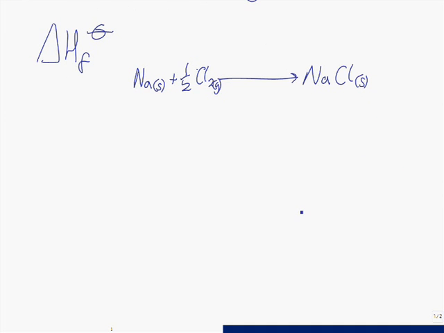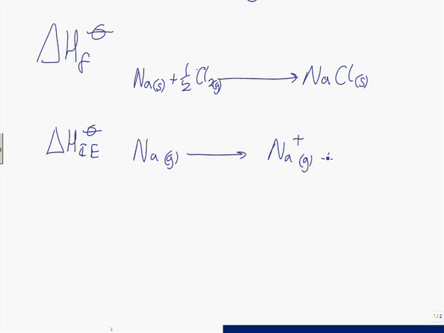Other ones that you've probably come across: ionization energies, delta H IE, I suppose you could write it with standard state like that. Again, the formation of 1 mole of gaseous ions, or the removal of 1 mole of electrons from 1 mole of gaseous atoms. So Na gaseous going to Na plus gaseous, like that, plus an electron.